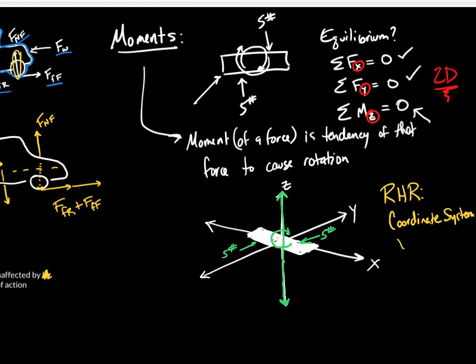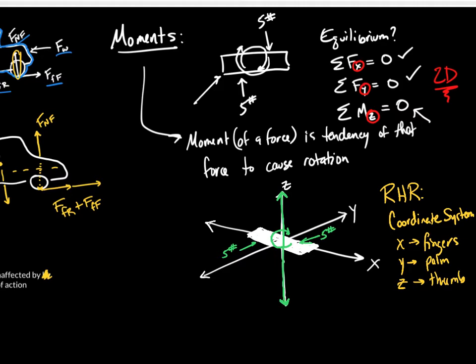X is your fingers, although some people will just use the index finger. Y is your palm. You should probably be trying to do this in your own space right now, pointing X with your fingers and Y with your palm, and that tells you which way Z is. Z is in the direction of your thumb.